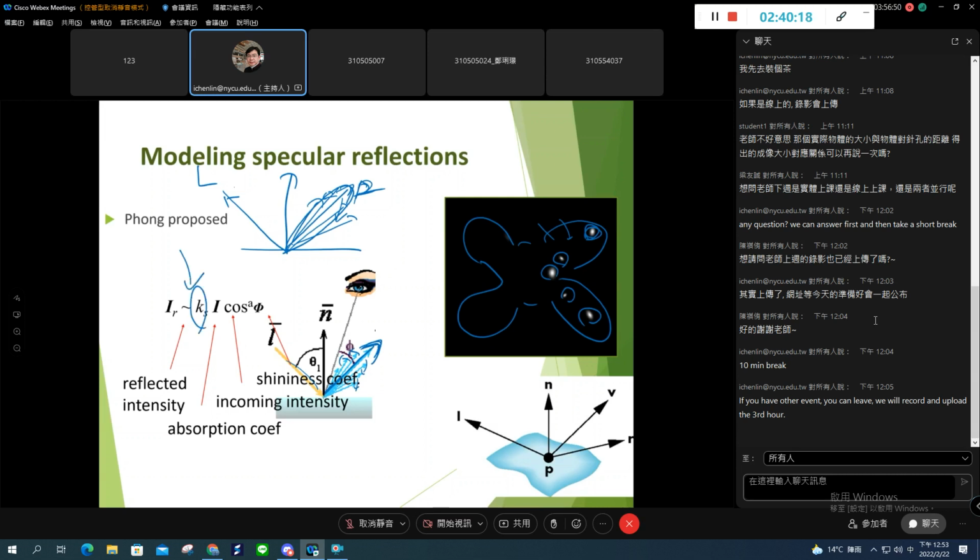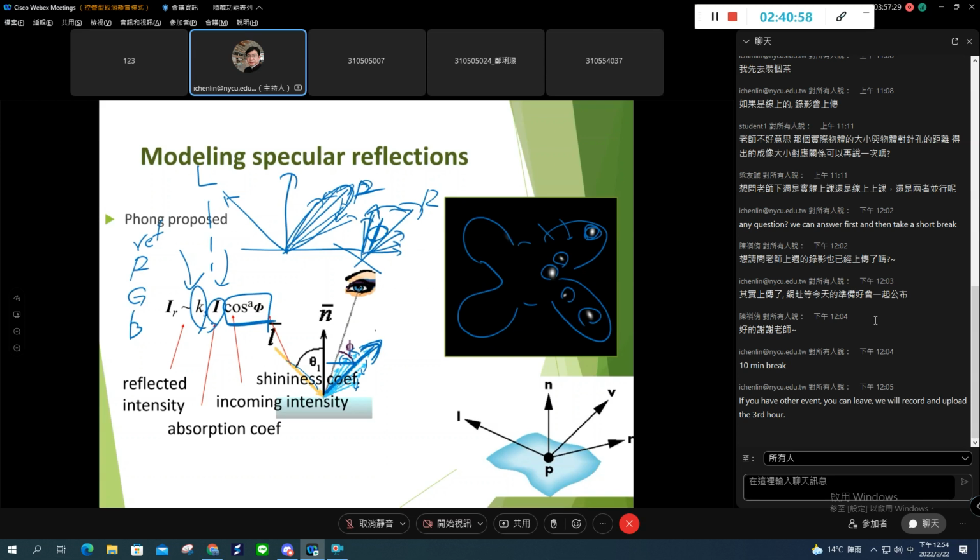So the idea is similar. We still have a coefficient here to control the reflections. We can use different ratios to control the R, G and B. For instance, we can put one here for light, and here we can put the cosine function. And we try to simulate, for instance, perfect reflection here. Whenever your reflection angle here is so-called phi, the larger the phi is, the more the reflection rate will be reduced.